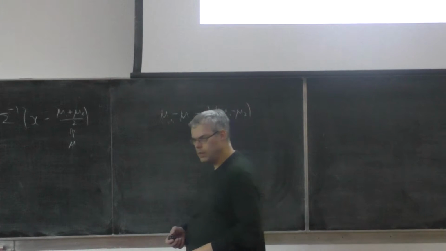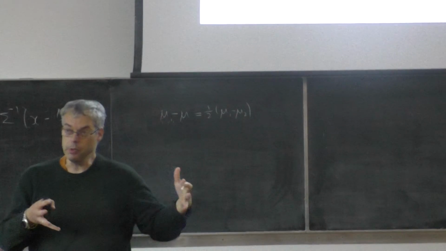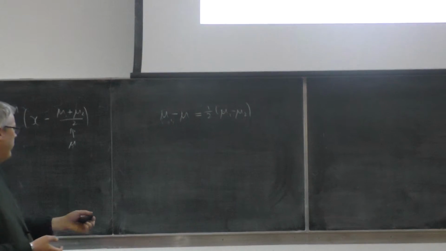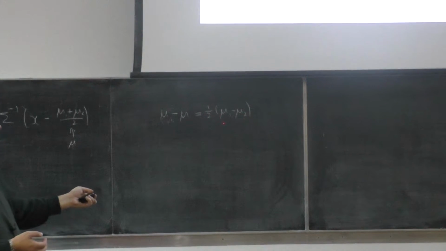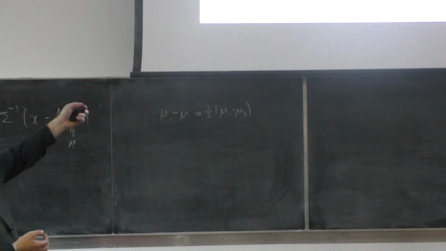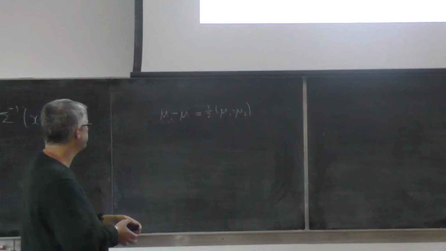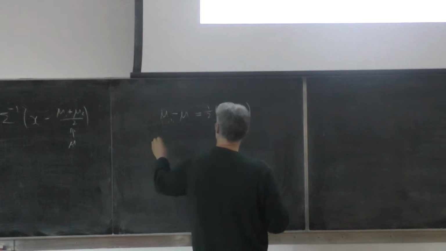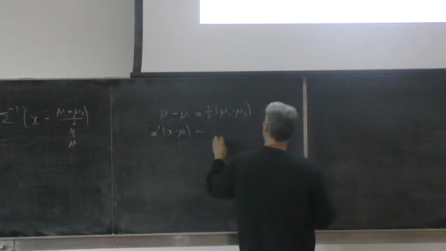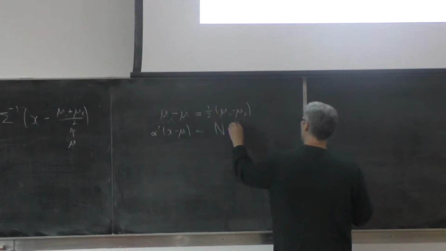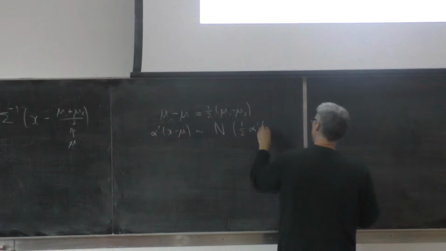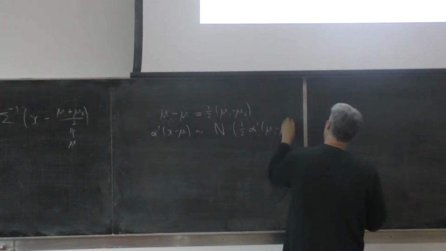So x minus mu then is going to have mean a half mu1 minus mu2, and so alpha dash of this is going to have mean alpha dash times this. So alpha dash x minus mu is distributed as a univariate normal distribution with mean a half alpha dash mu1 minus mu2.